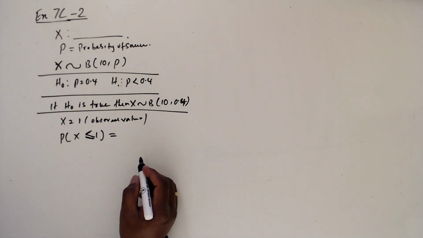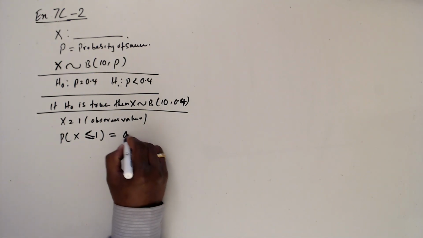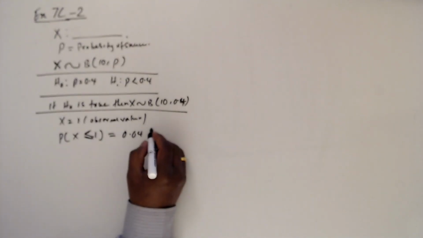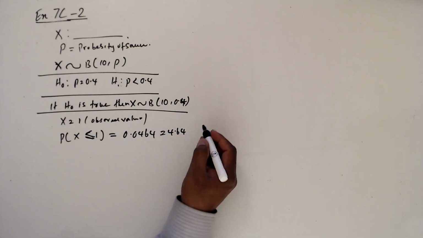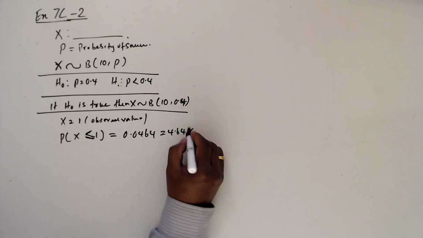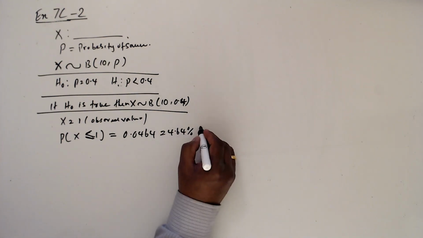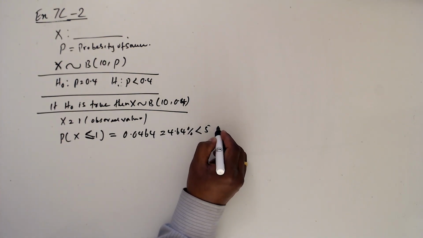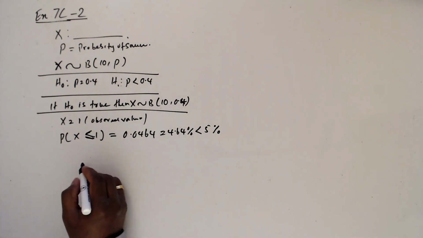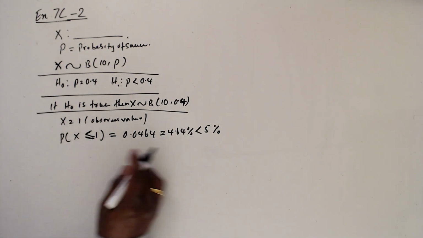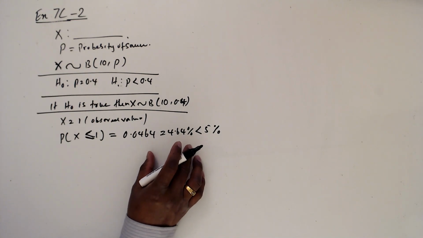This is going to be 0.0464, which is 4.64 as a percentage, less than 5%. Hence, this is in the critical region.